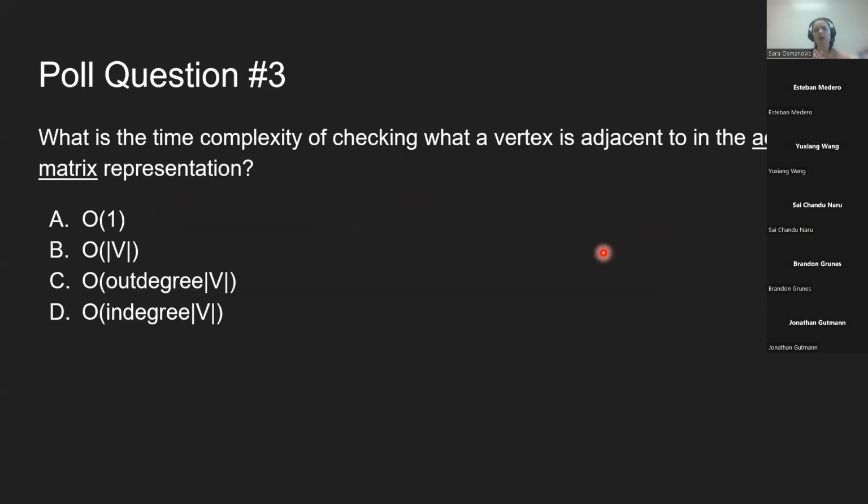Another poll: what is the time complexity of checking adjacency in an adjacency matrix representation? Quickly in the chat before I open the poll.